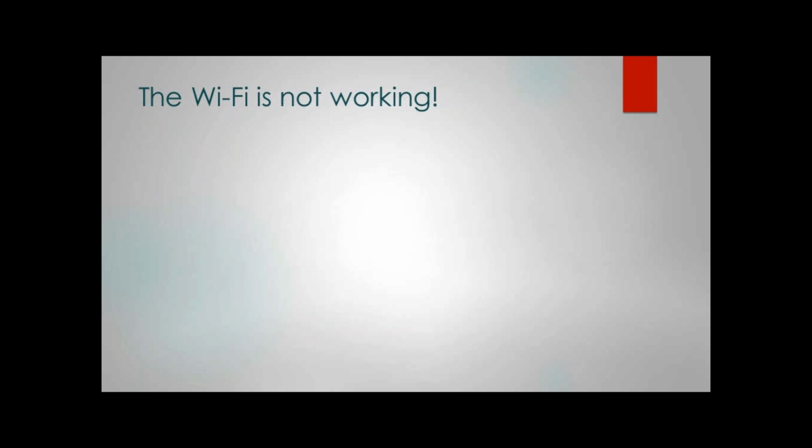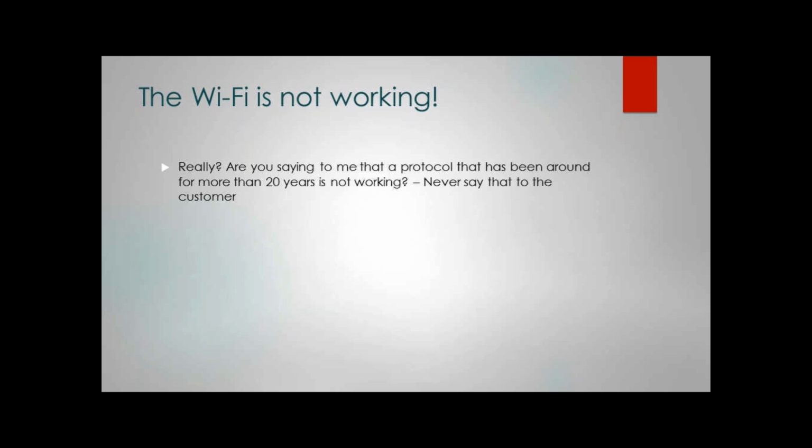So how many of us have heard the customer say, Wi-Fi is not working? Really? Are you saying to me that a protocol that has been around for more than 20 years is not working? Wi-Fi is not working? Okay, no. Don't say that to the customer, but we thought about it.